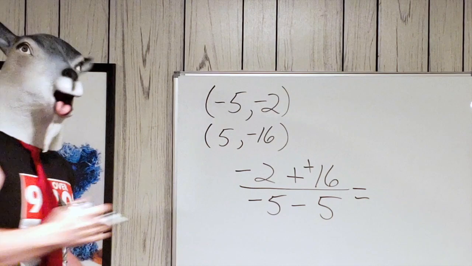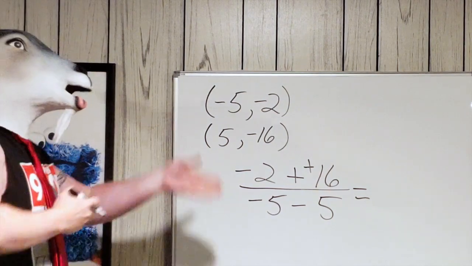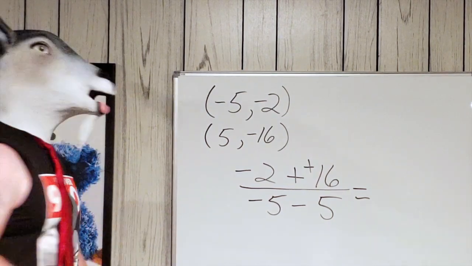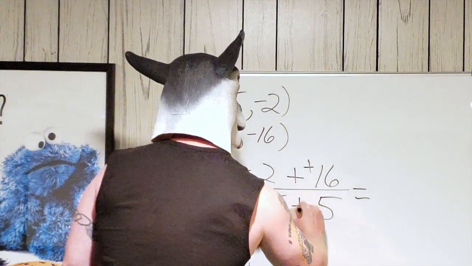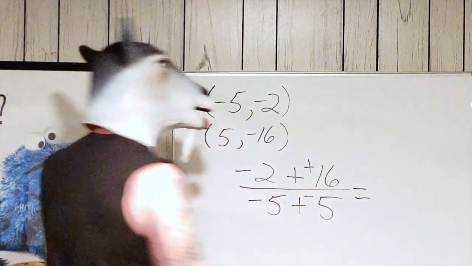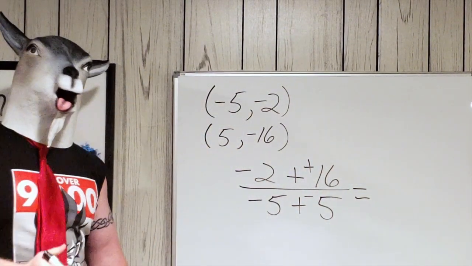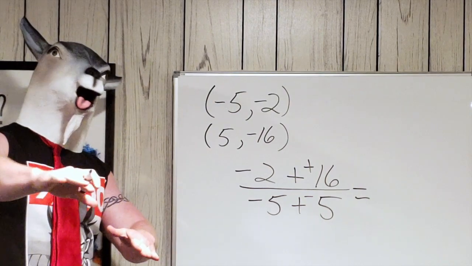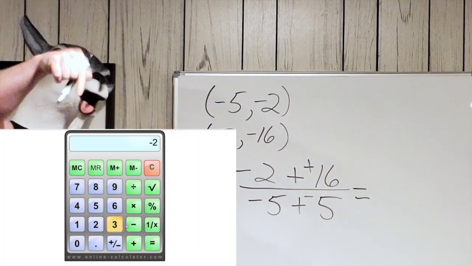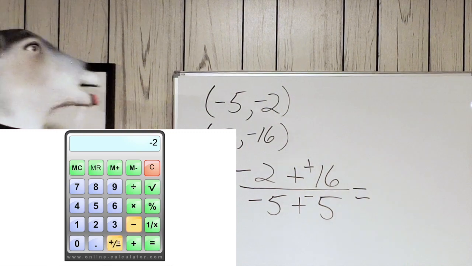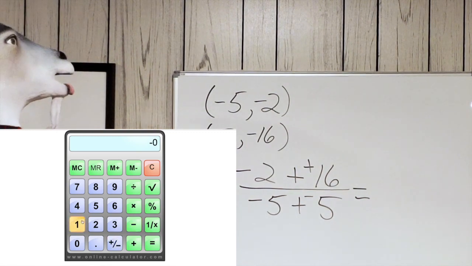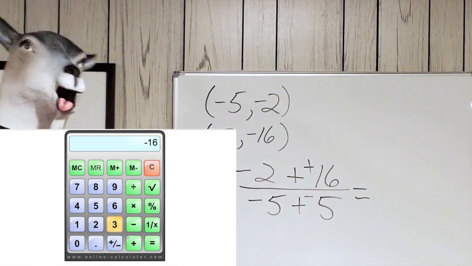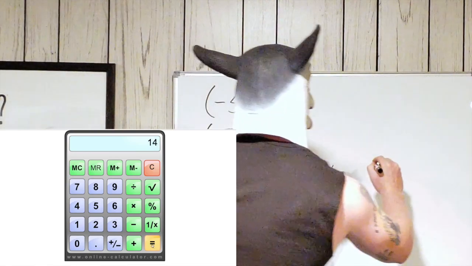On the bottom, we do that same thing too, because again, I don't like subtraction. So we make it plus, and then we make this one negative, because we're changing the sign of the second number. But you don't really have to worry about that right now, because you're putting it in the calculator. So here we go. We got negative 2 plus a positive 16, and we're going to end up with 14.